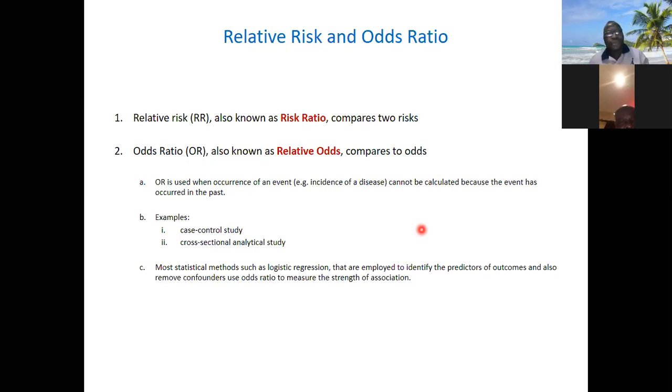Odds ratio is used when the occurrence of an event, for example a disease, cannot be calculated because the event has not occurred, or the event has occurred rather in the past. Even if the event has not occurred, you can still calculate odds. But you discover that you cannot calculate risk if the event has occurred.